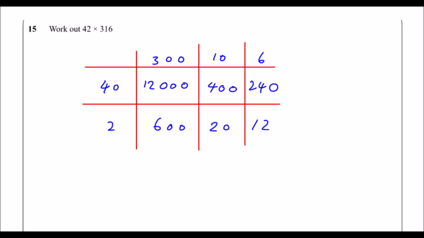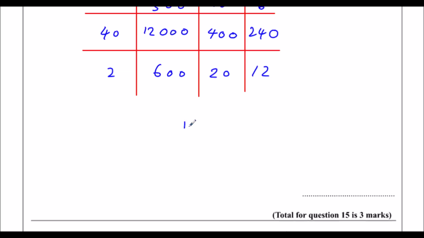So I just need to add up these answers now. So I've got 12,000, making sure I line this up. 600, 400, 240, 20 and 12.